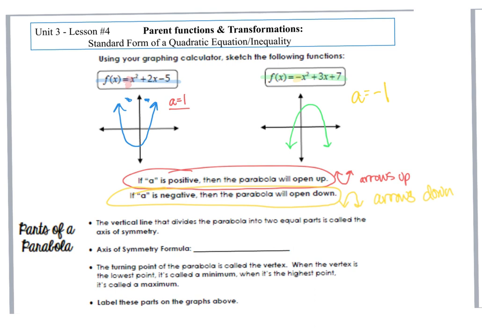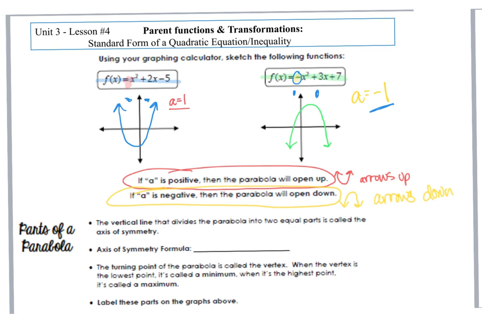Okay, now on my green parabola, I would have told you that because there's a negative sign in front of x squared, our a value being negative 1, means that negative people are really unhappy. So if we like made this a face, this would be the green frowny face. So negative people frown, so that's why our arrows are going down, frown and down. That even rhymes. Okay, so that might be a little silly way to remind it.